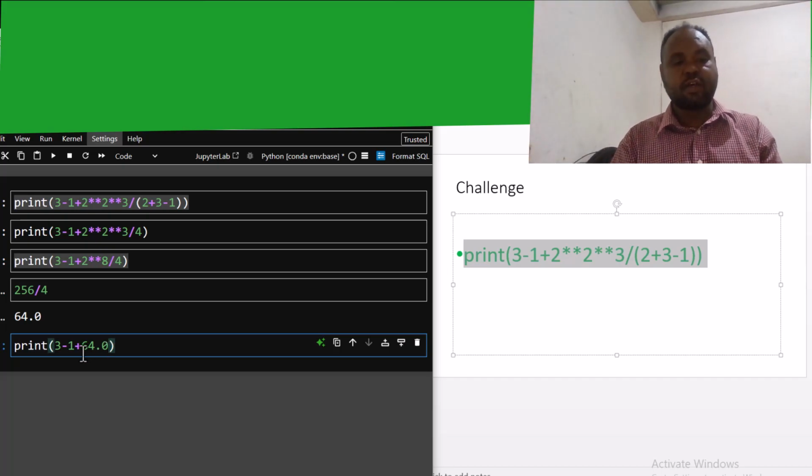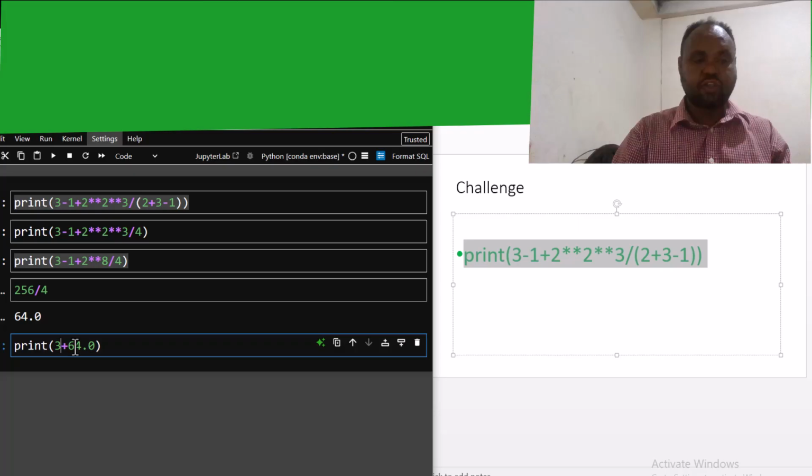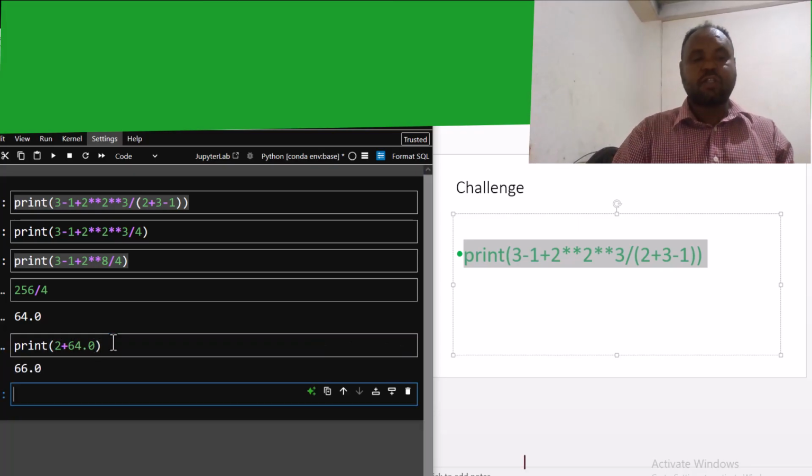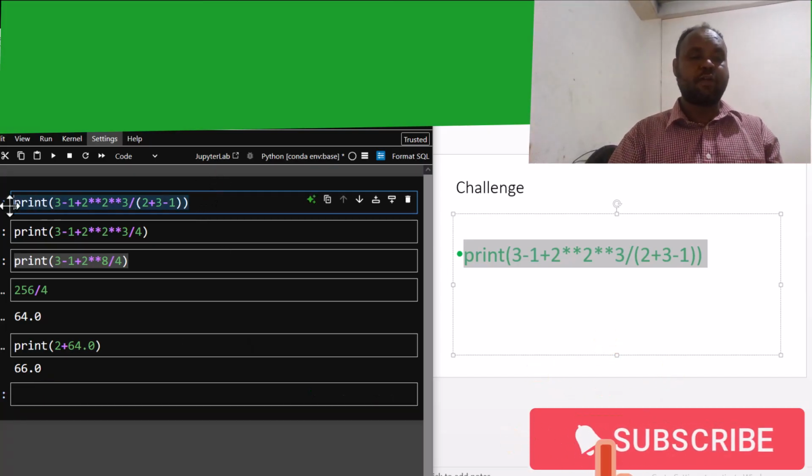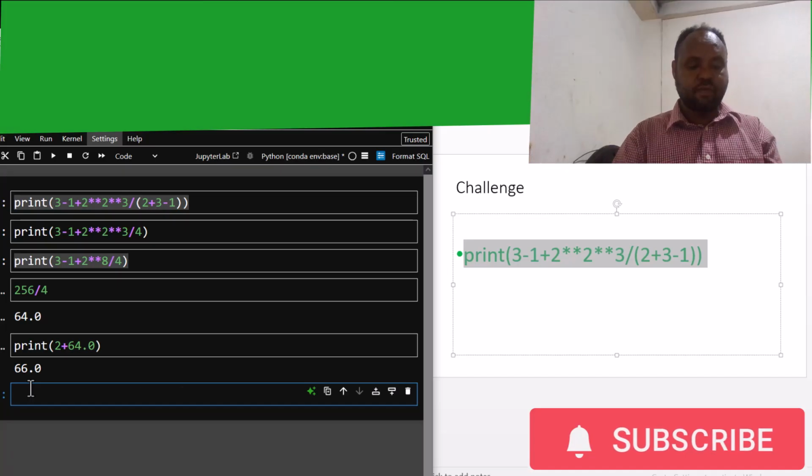Subtraction and addition have the same precedence. Therefore, we first evaluate this one, then we add this one. So this becomes 2 plus 64, which is 66. Therefore, if we evaluate this one as it is, it should give the same result, 66. Thank you for staying with me.